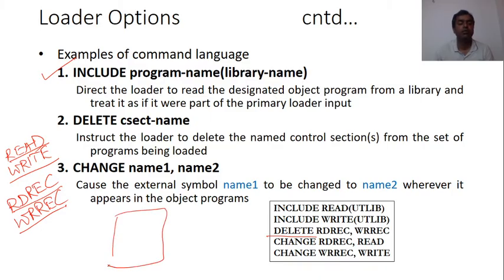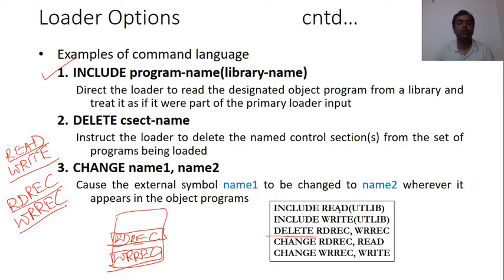Suppose there is a program, and in this program there is a module, or subroutine, rdrec, and another subroutine wrrec. Now in place of rdrec, I want to use a library function, read, and in place of wrrec, the library function write. How will you do it?